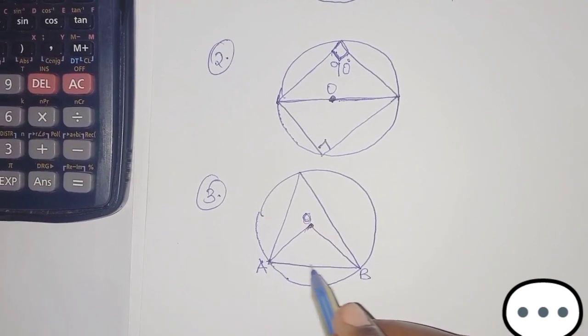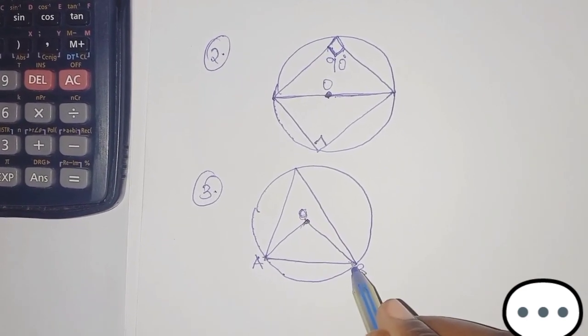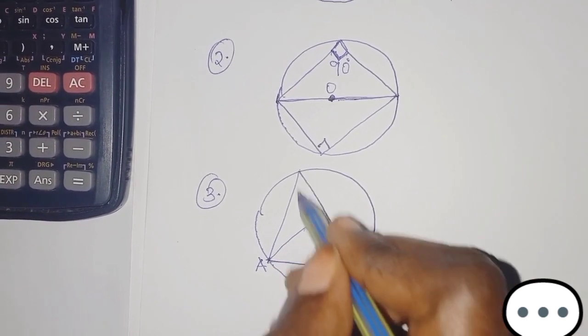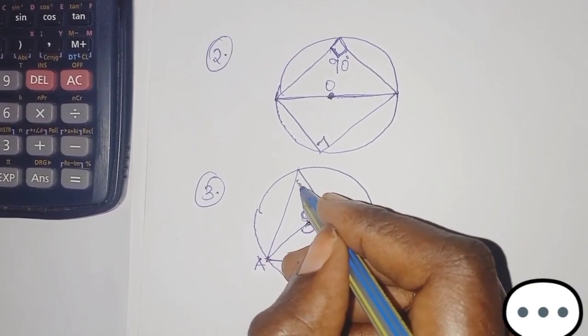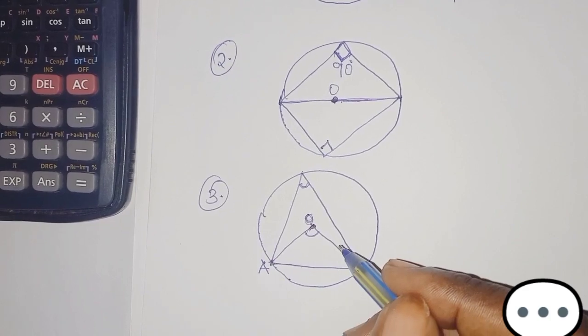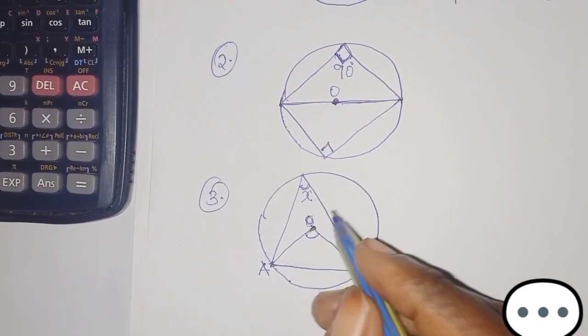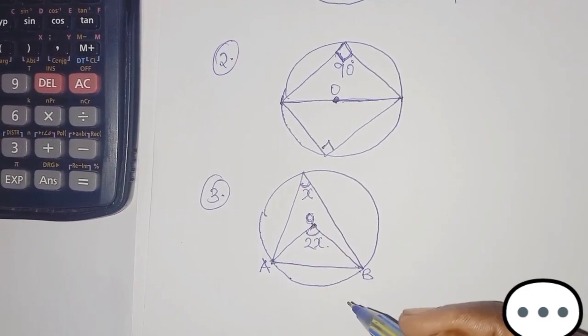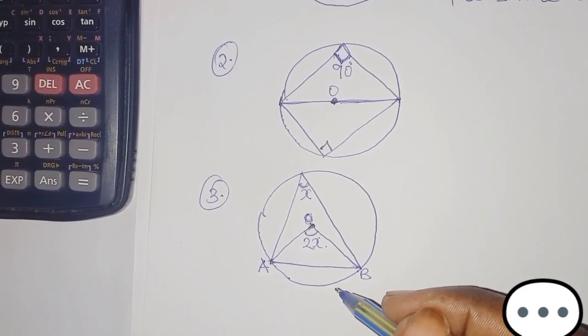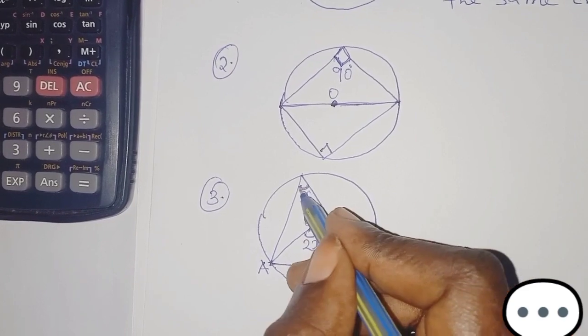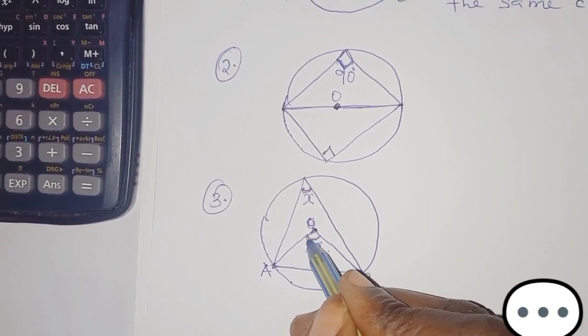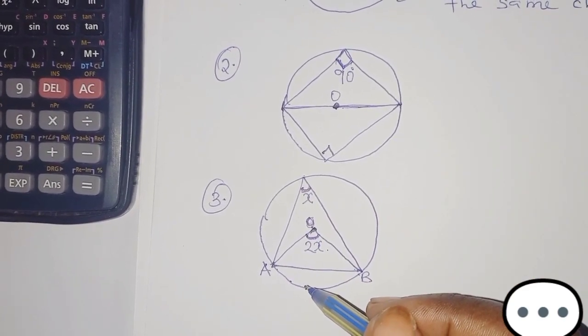When you see a chord subtending an angle at the center of the circle and another angle at the circumference of the circle, then the one at the center will be twice the one at the circumference. So let's say if this angle is X, then the one at the center will be 2X. For example, if this X here is 40, then the angle at the center will be 80. So that is another angle property.